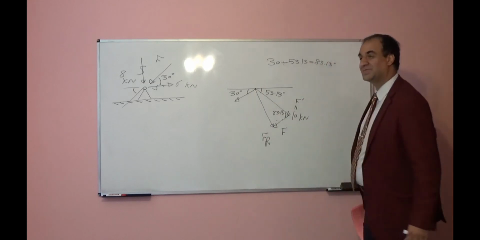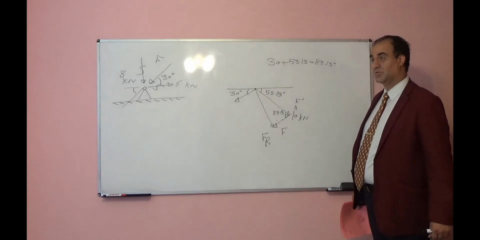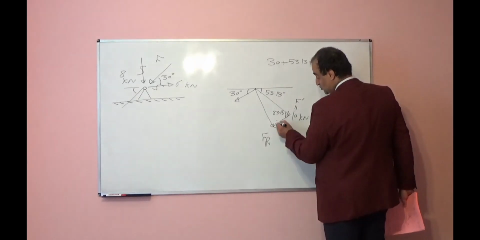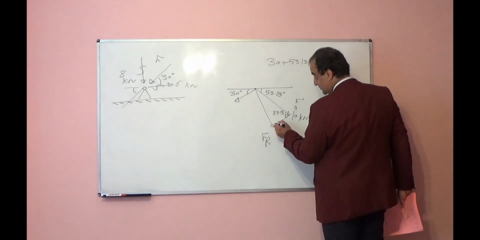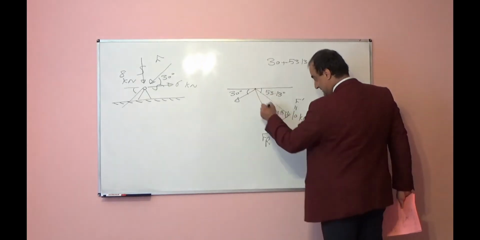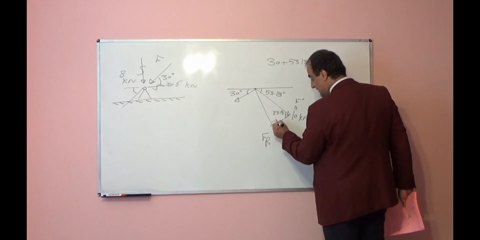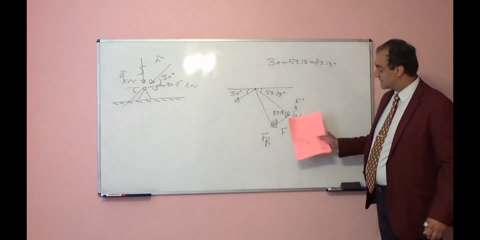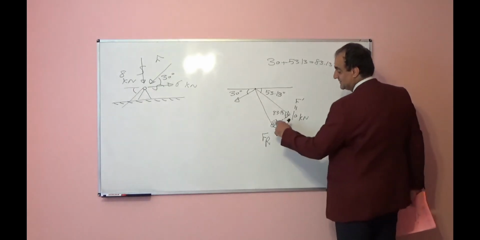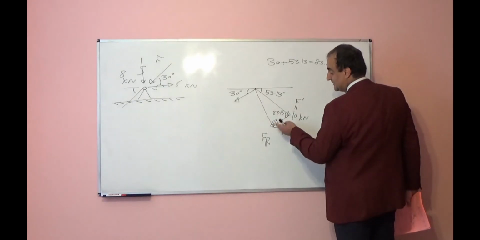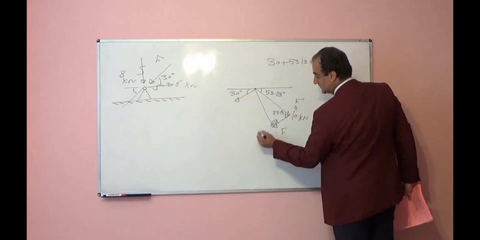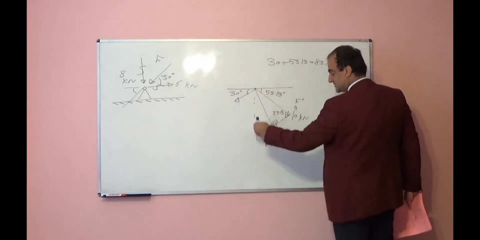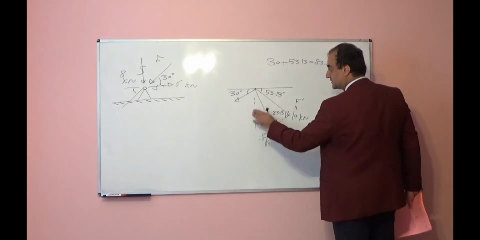In order to have the resultant force minimum, we should choose the length for F so that F and this resultant force are perpendicular to each other. Because if it is longer than that, this will not be 90 degrees, and look here, the magnitude of Fr, the resultant force, will be longer.